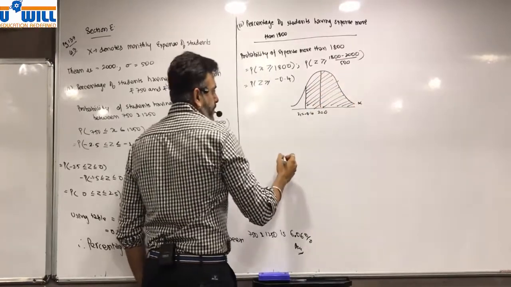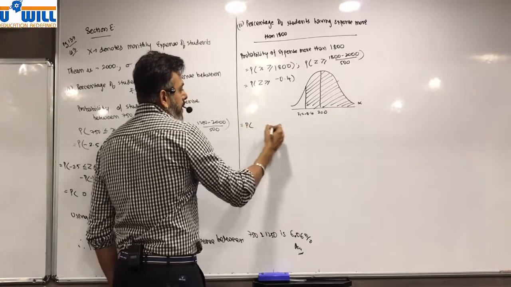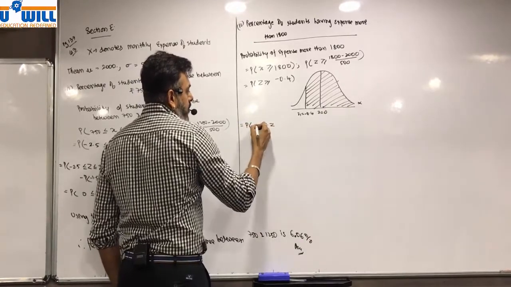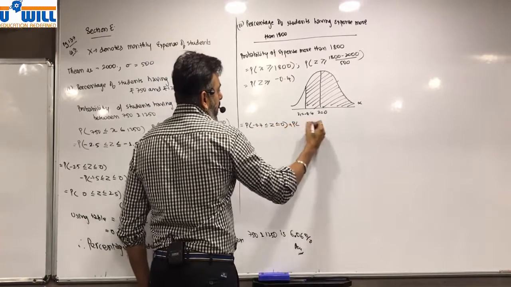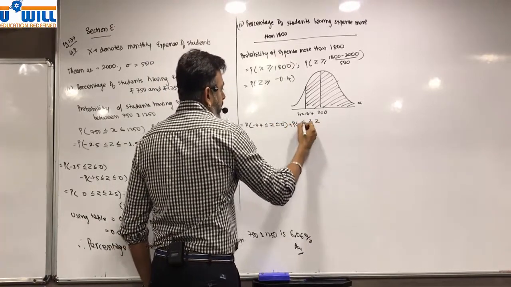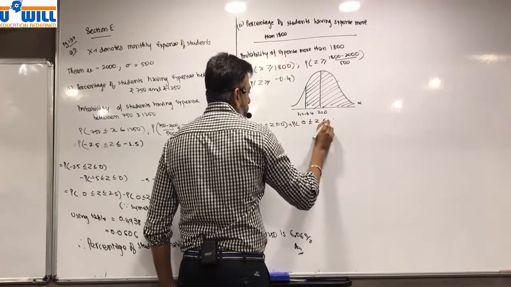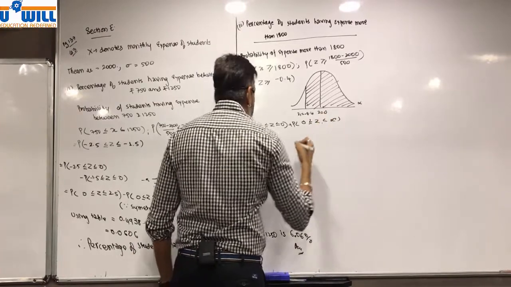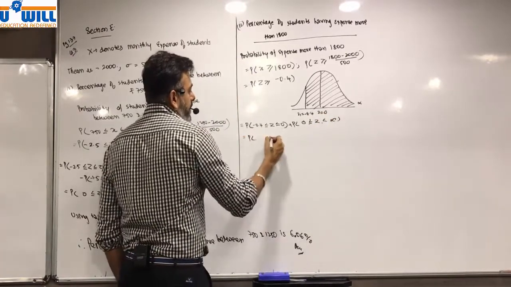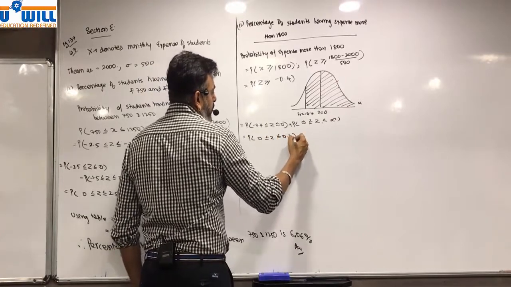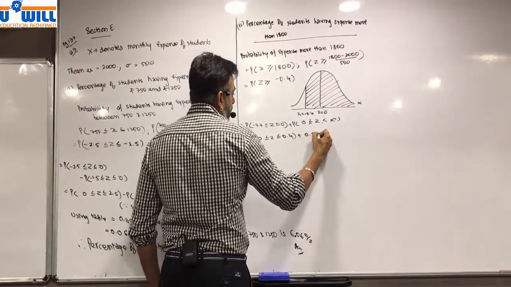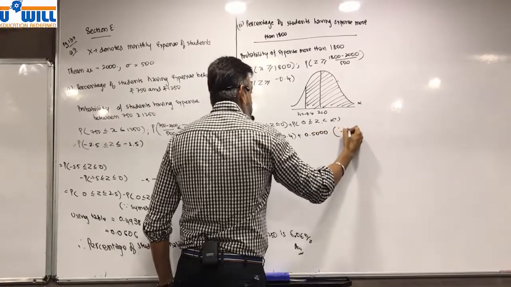infinity, which is equal to probability of Z greater than equal to minus 0.4 less than equal to 0 plus probability of Z greater than equal to 0 less than infinity, which is equal to probability of Z greater than equal to 0 less than equal to 0.4 plus 0.5000.